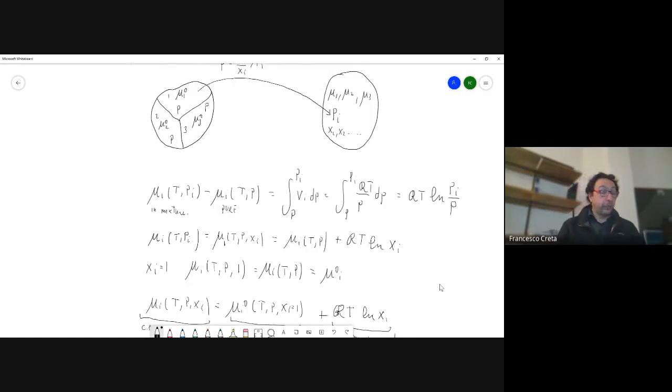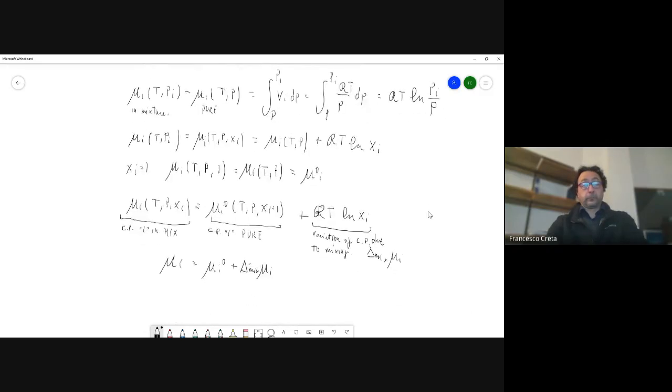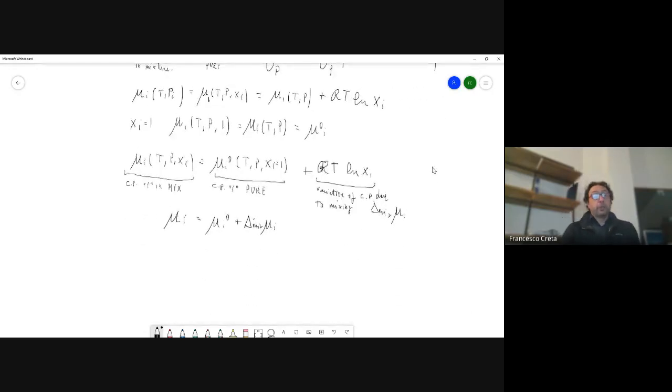Again, the difference between mu I and mu I 0 is delta mix of mu I. So this is the variation due to mixing.